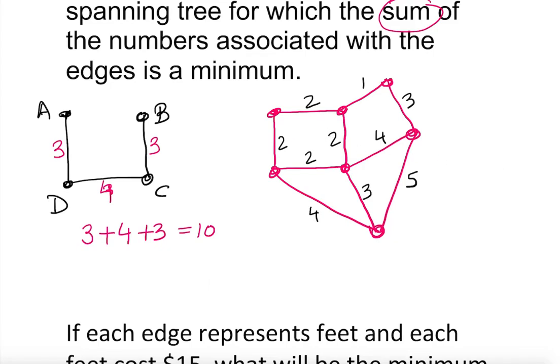So let's take a look here. Let's erase it. I'm going to erase this one here. As you clearly see, I'm erasing the biggest edge, and this biggest edge too. That will give us a minimum spanning tree. Minimum means the sum of the edges is minimum.